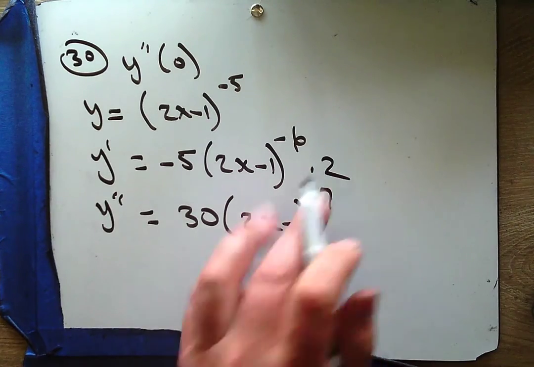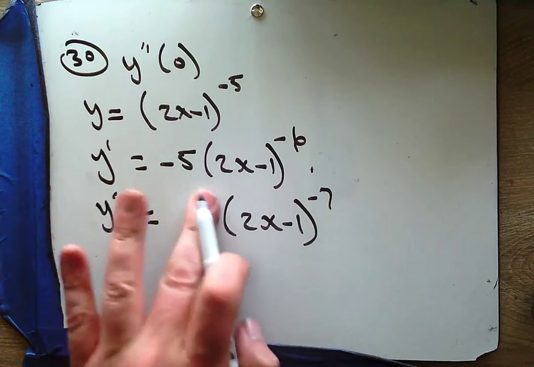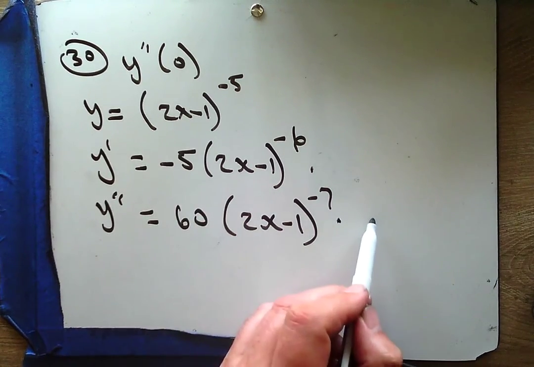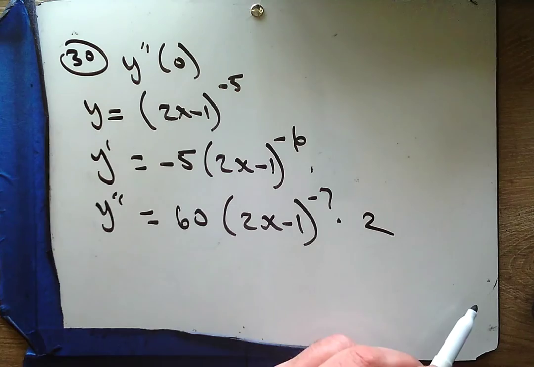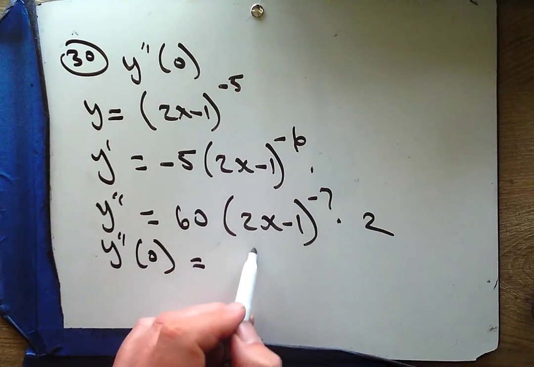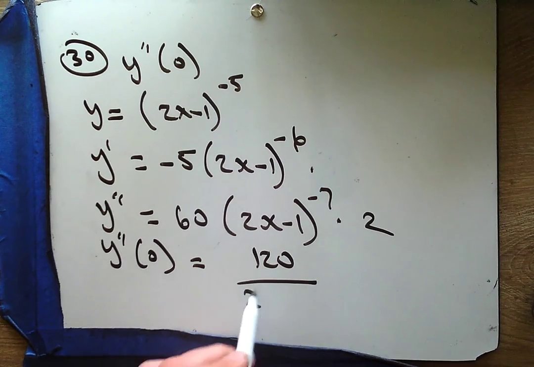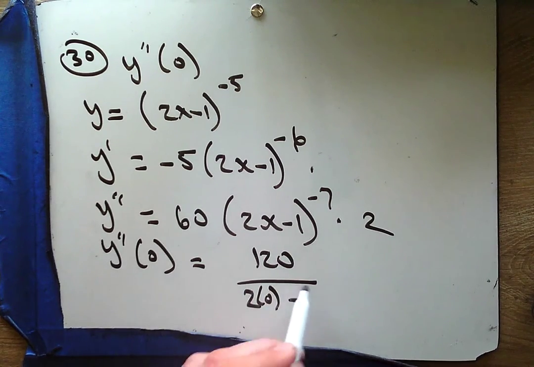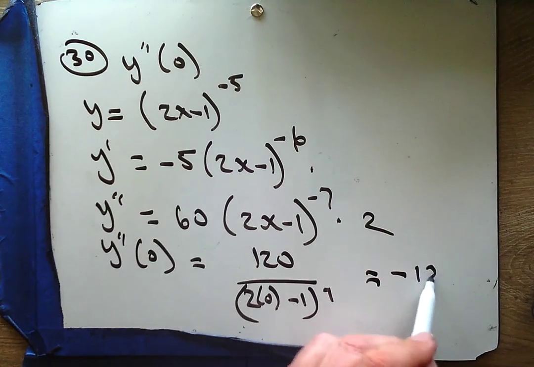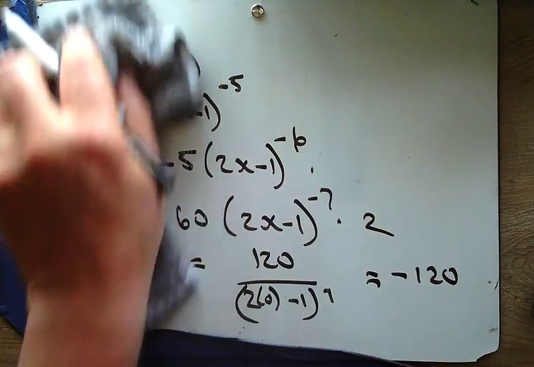I guess I kind of want to put that there and say 60 times 2. So let's plug our 0 in now. And we have 120 over 2 times 0 minus 1 to the 7th. That's going to be negative 1. Negative 1 to the 7th is a negative 1. And so I get negative 120. 31.